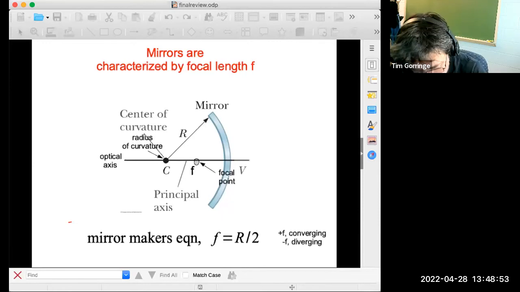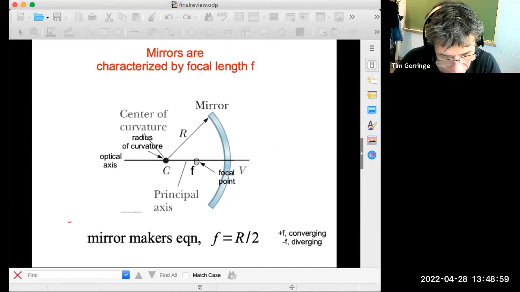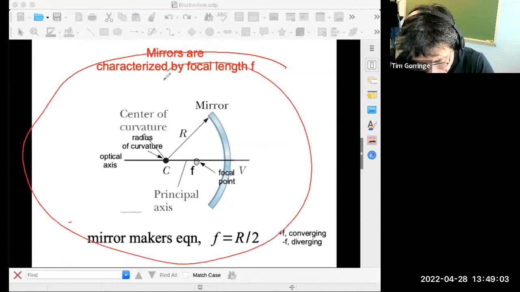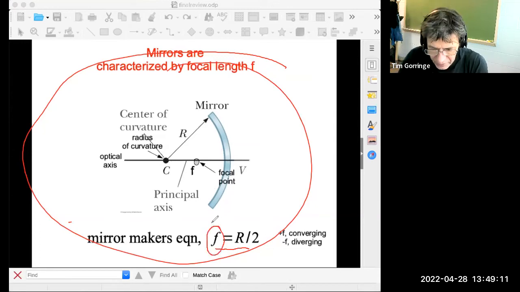So when we form images with mirrors, a curved mirror is characterized by what we call a focal length. And the focal length of the mirror is related to the radius of curvature of the mirror. But this focal length F is kind of like the personality of the mirror.